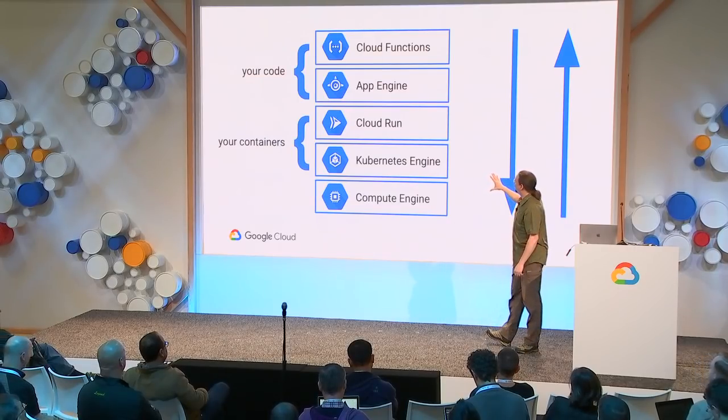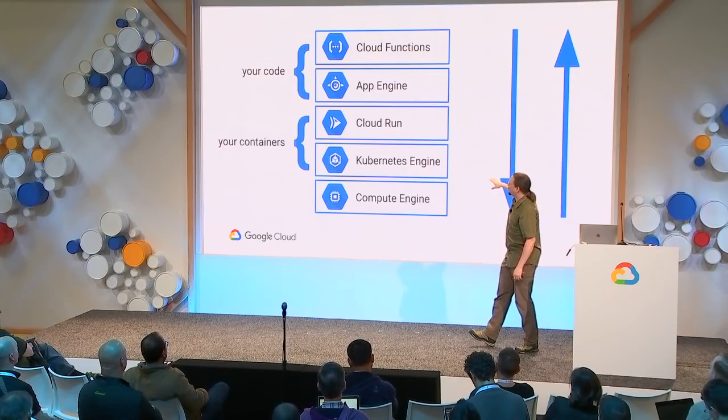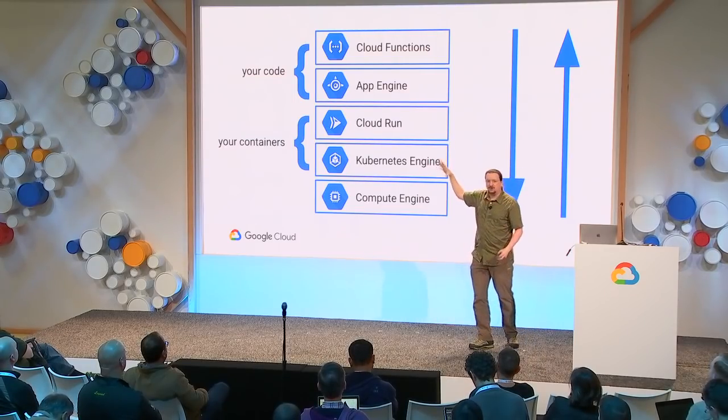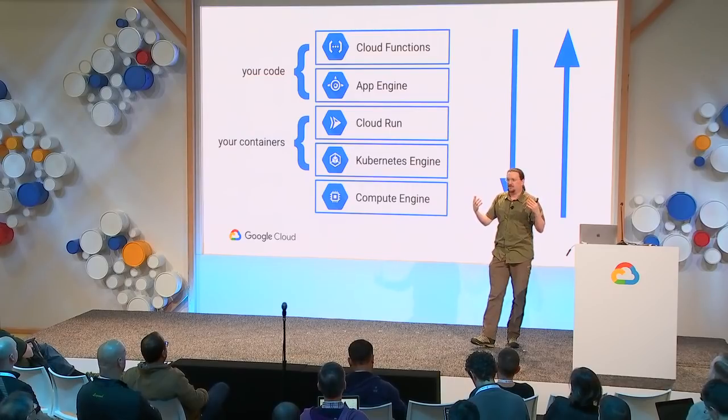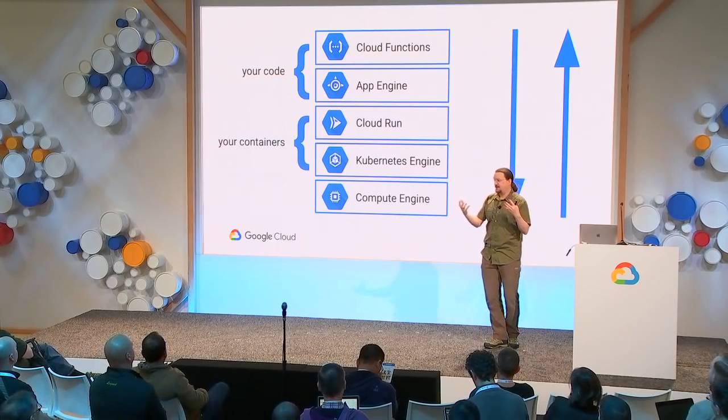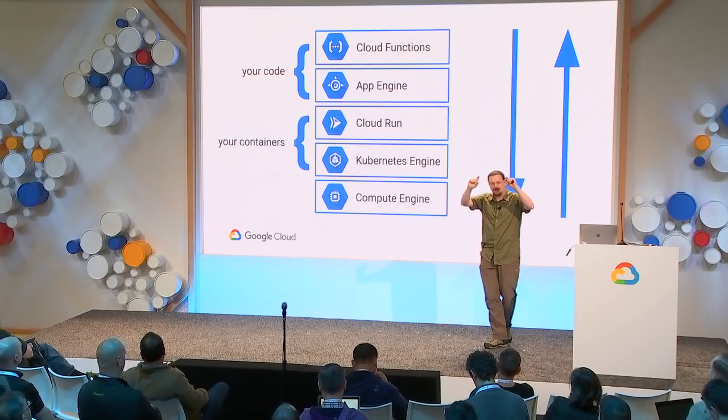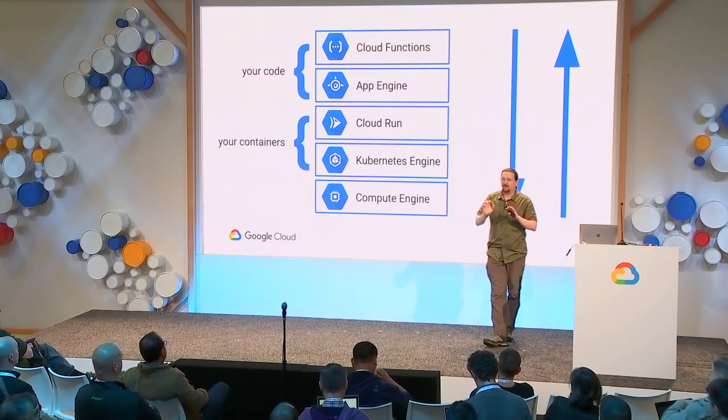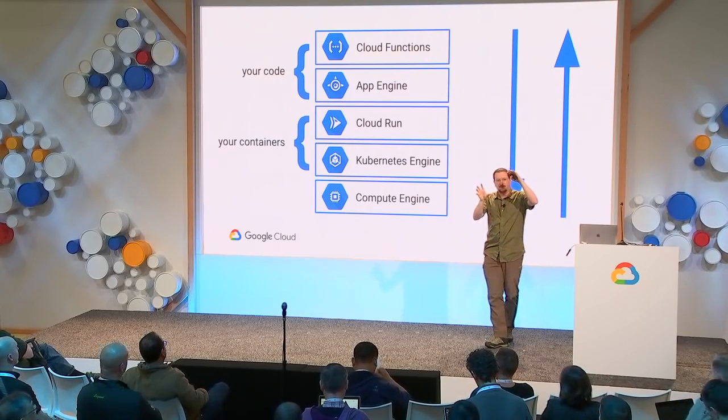At a really high level, and this is able to move up and down, for the top 2, you're mostly focusing as a developer on the code you write: the actual function signature, what returns from it, or the URL maps to different parts of the code.